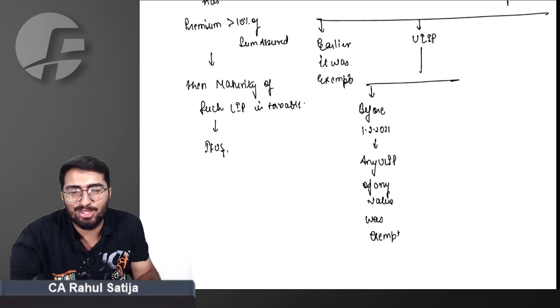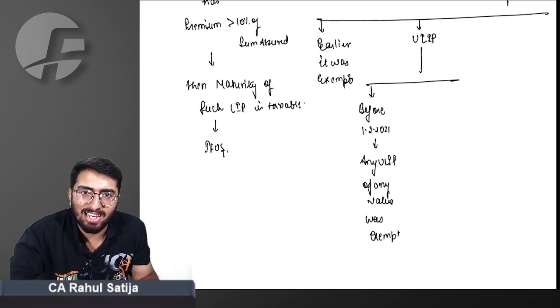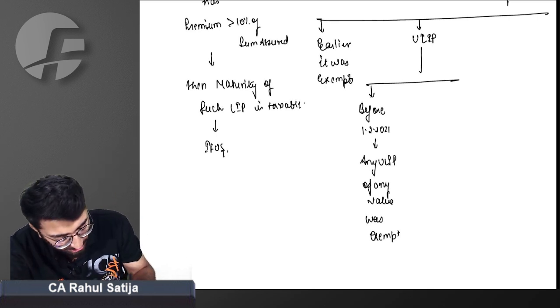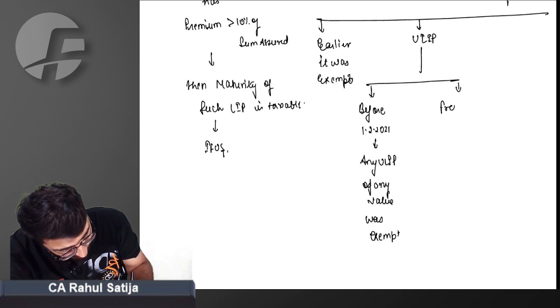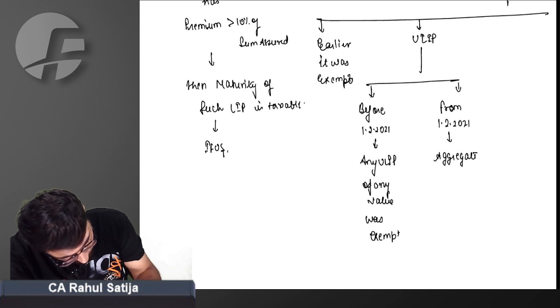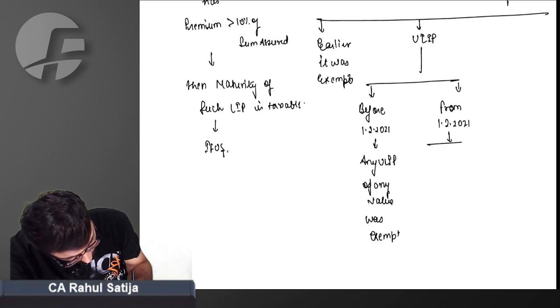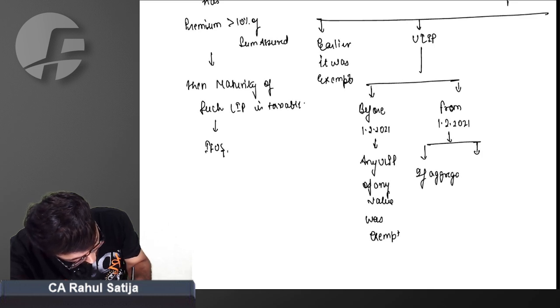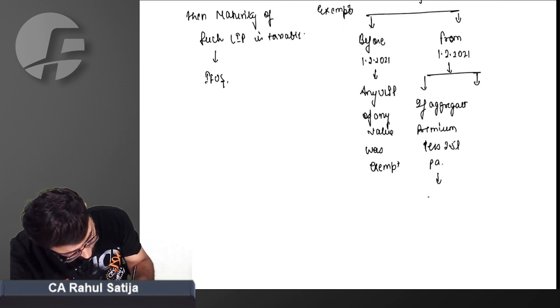This was the only condition before 1st Feb 2021. But after 1st Feb 2021, the Finance Minister added another condition. From 1st Feb 2021, if aggregate premium is less than 2.5 lakh per annum, yet again exempt.